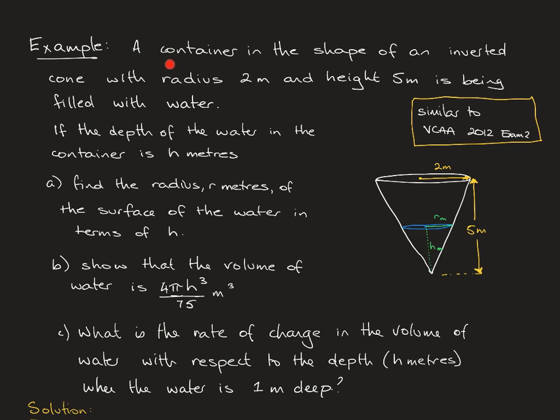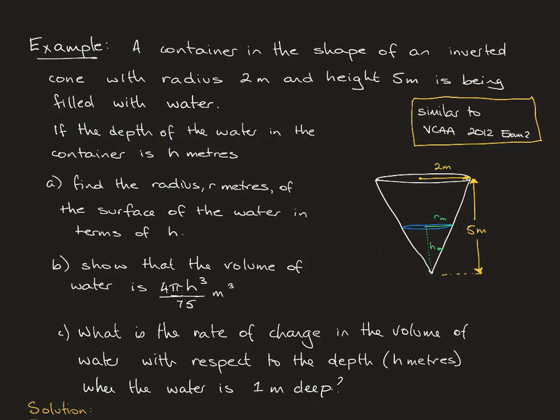So here we go. A container in the shape of an inverted cone, an upside down cone, with a radius of 2 meters and a height of 5 meters, is being filled with water.